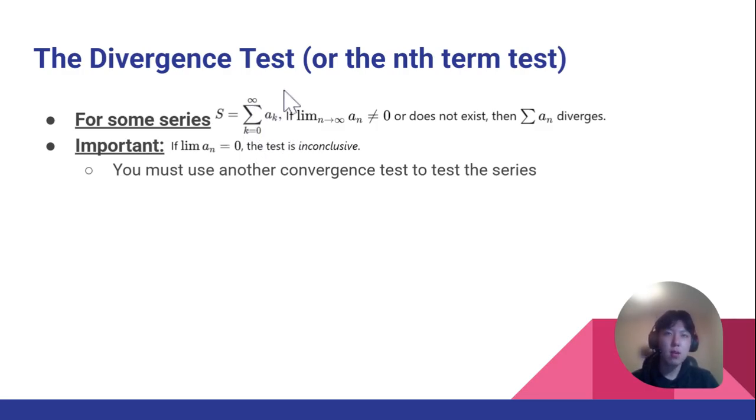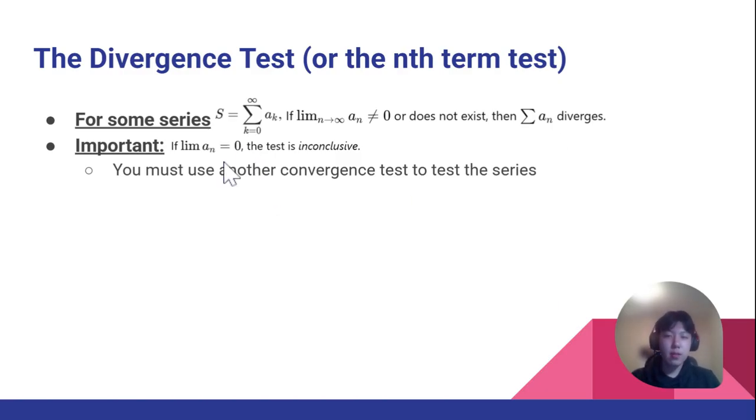So that's going to be your 1 over n or n over n plus 1, whatever series is in there. You're going to take the limit as n approaches infinity of the argument, and if it does not equal 0 or it doesn't exist, so as long as it's anything other than 0, then the series itself is going to diverge. That's basically the divergence test.